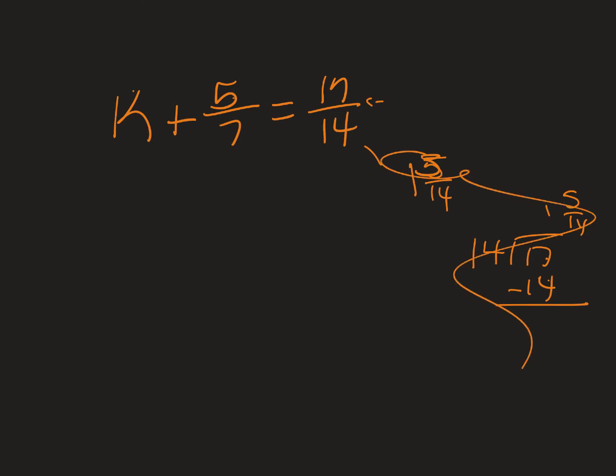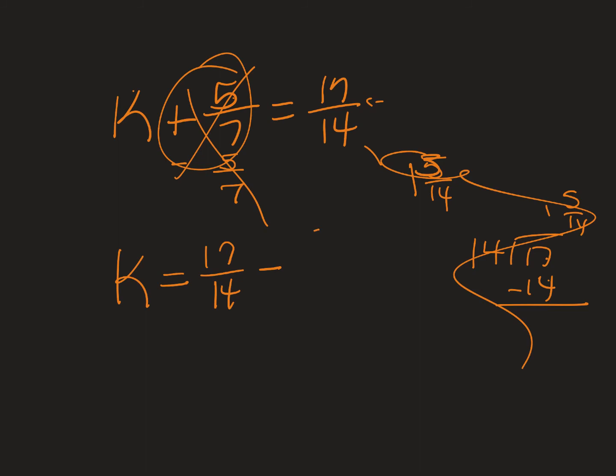So I'm going to do the opposite. Minus 5/7. K equals... that cancels. 17 over 14 minus the opposite here, 5 over 7. I have to have a common denominator, okay? It's the thing with fractions. So 7 is a factor of 14, so I know that I can multiply that by 2 to get 14.